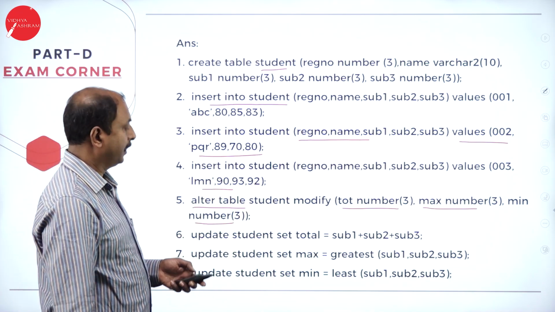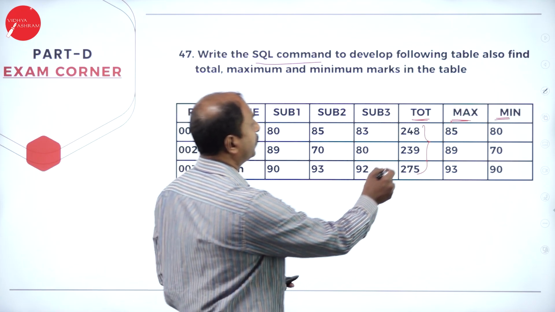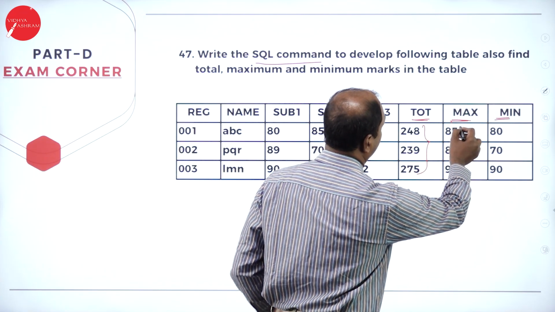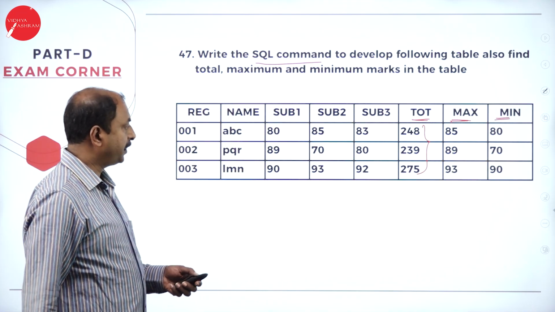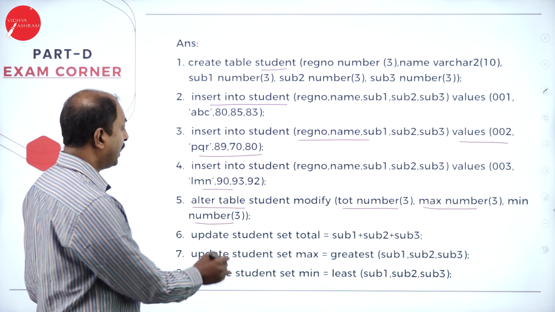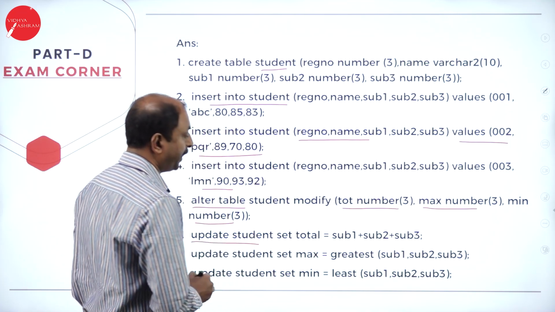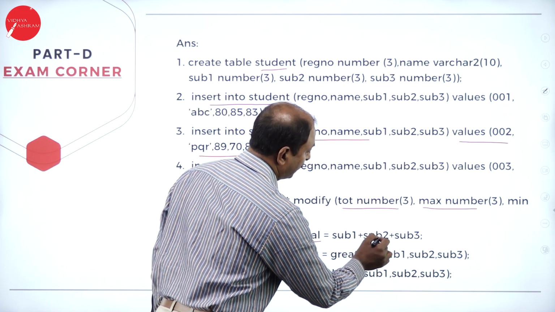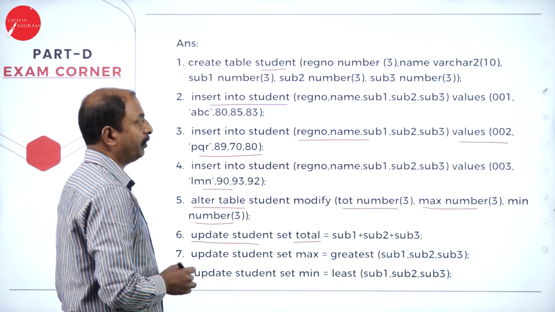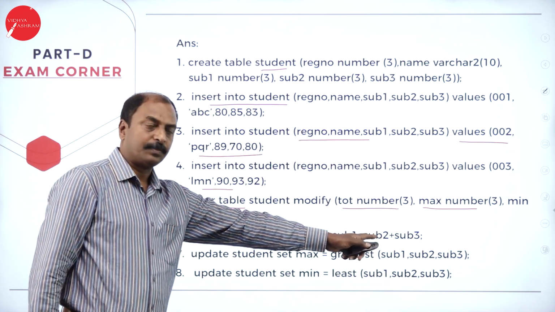Next, we have to calculate the total, find the maximum, and find the minimum. So for this, the query will be update. So update student set total equals subject 1 plus subject 2 plus subject 3. So we will get the total of 3 subjects.